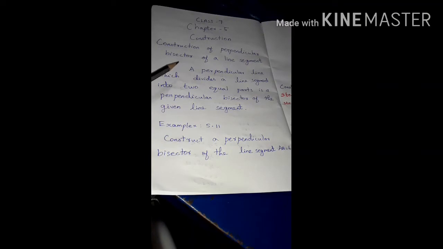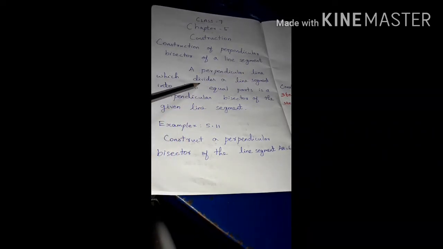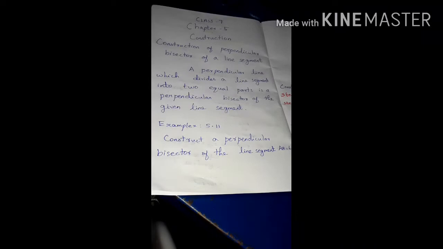Now we are going to see how we draw the perpendicular bisector of a line segment. What is a perpendicular bisector? A perpendicular line which divides a line segment into two equal parts is a perpendicular bisector of a given line segment.